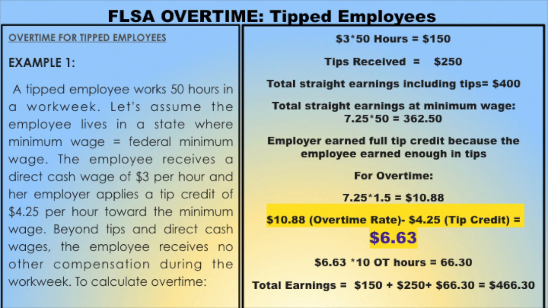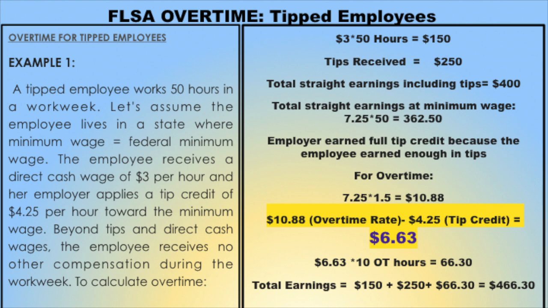First of all, we will multiply the 50 hours by the direct cash wage and we get $150. Let's say that the employee received tips of $250. So the total straight earnings including the tips are $400. The total straight earnings at the minimum wage should be $362.